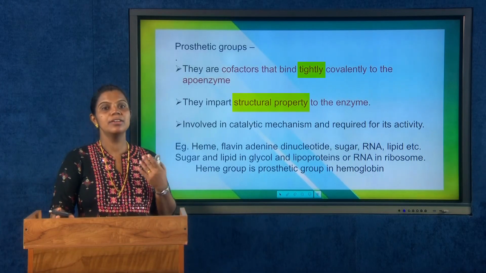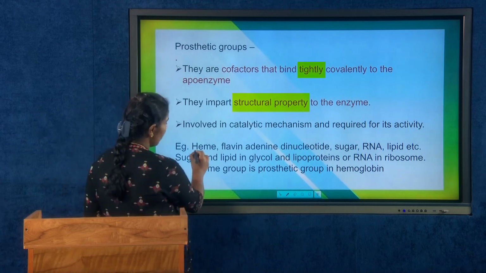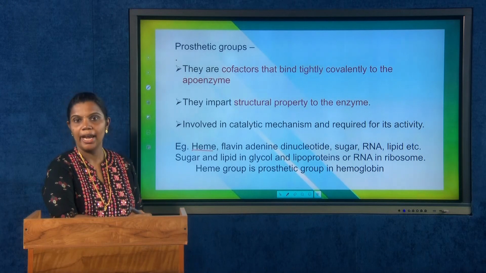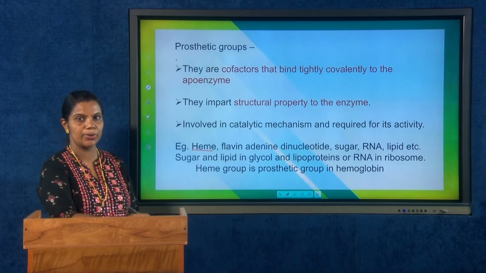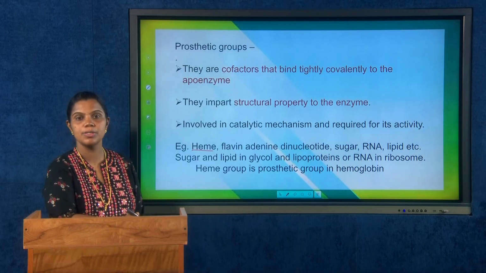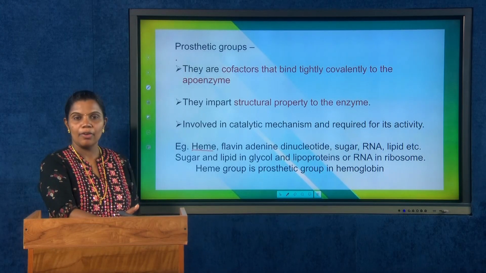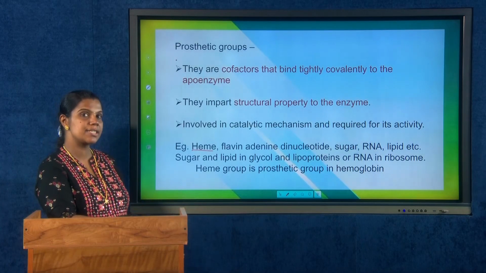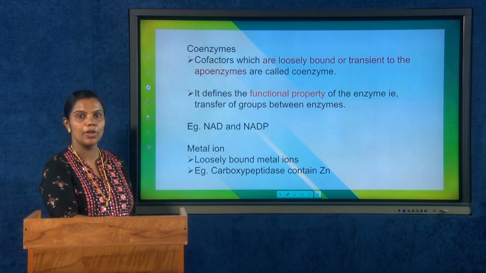For example, we have the heme group. Heme group is one of the most important prosthetic groups. FAD, that is flavin adenine dinucleotide, and several others are all prosthetic groups available in enzymes. Heme group is the prosthetic group in hemoglobin.